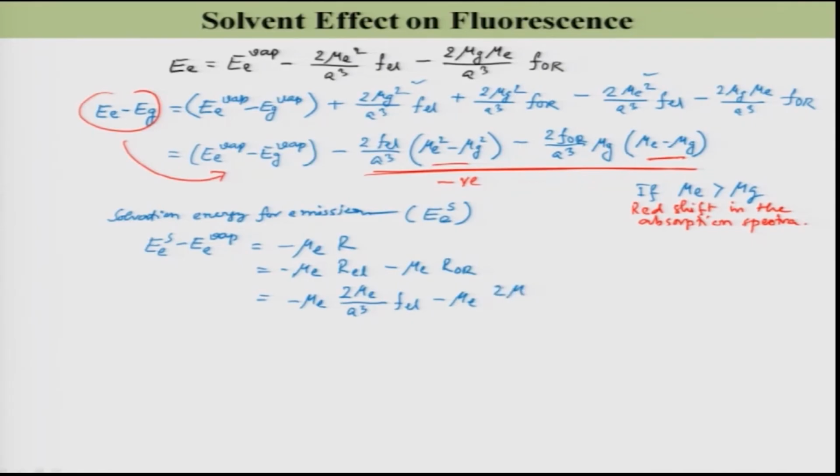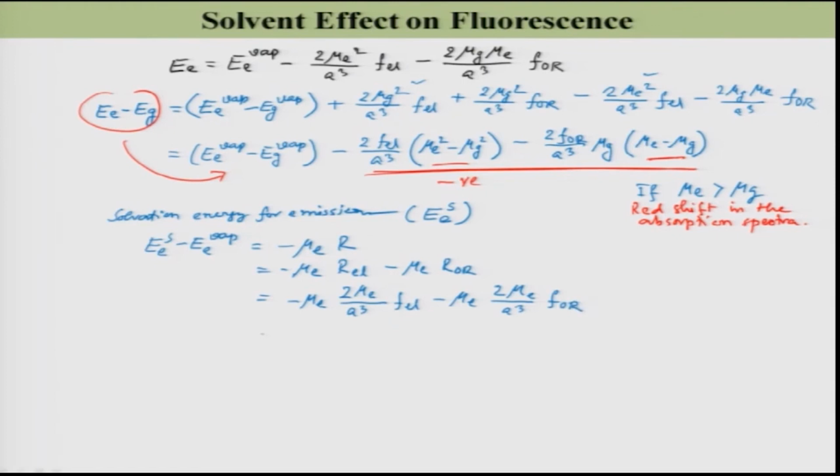In this case I will write E not G, right, because I have given time. So, twice mu E by A cube F OR, right.